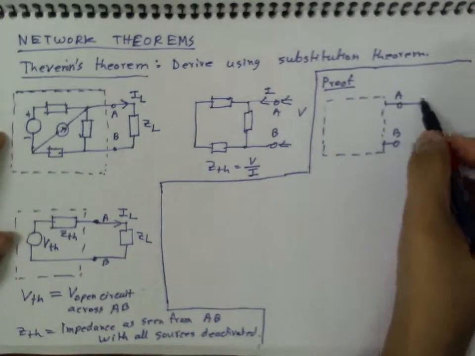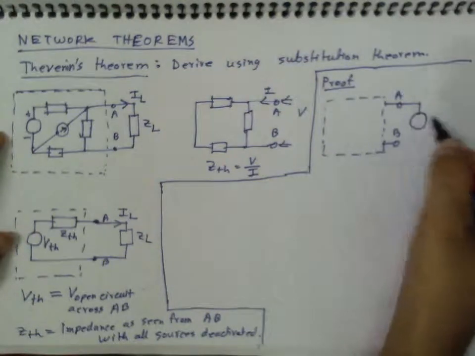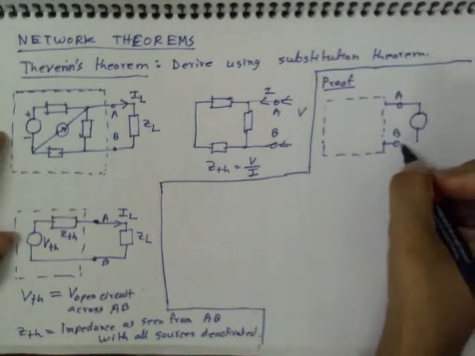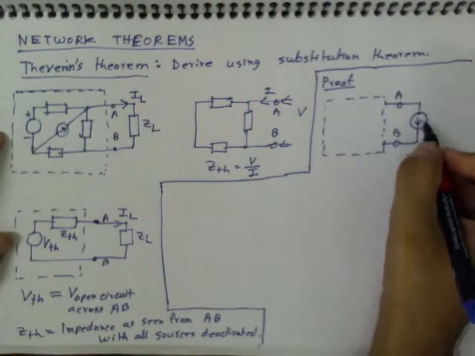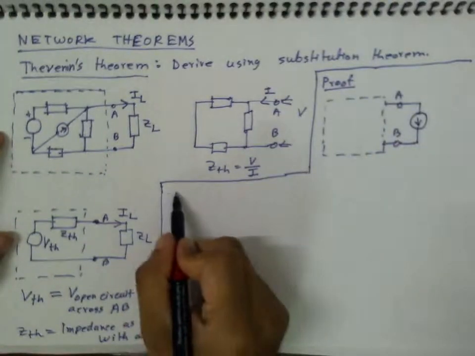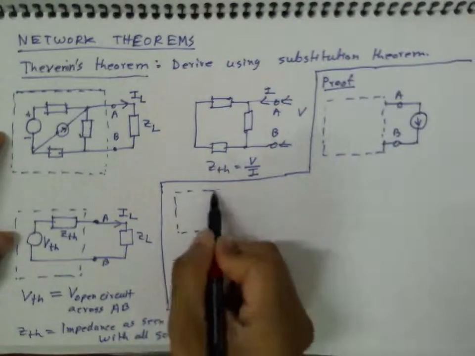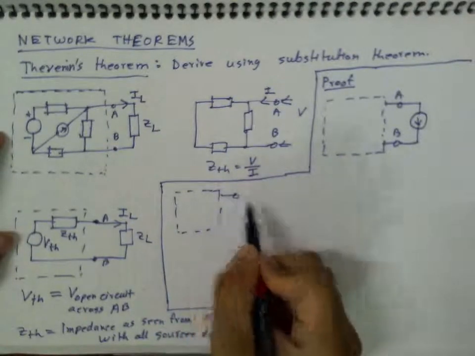Now instead of ZL, I put a current source, like this. Let me also draw the original circuit for reference.